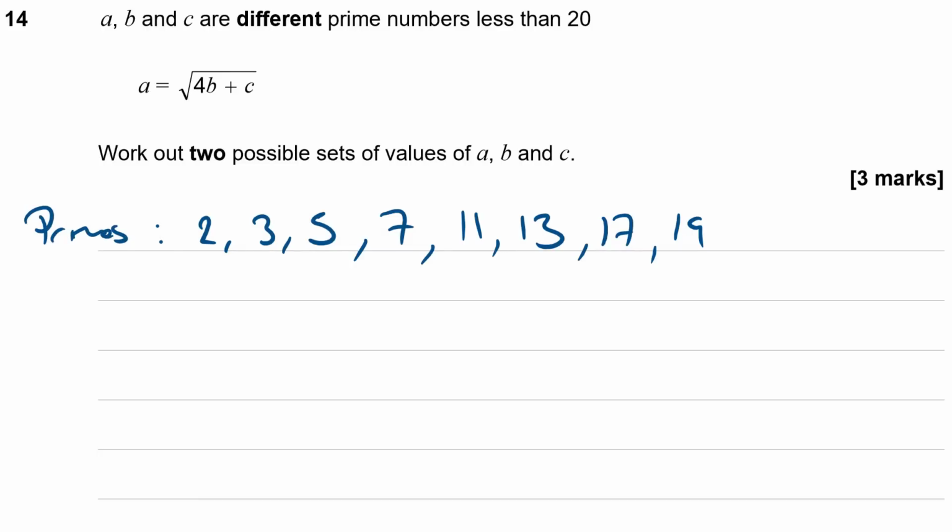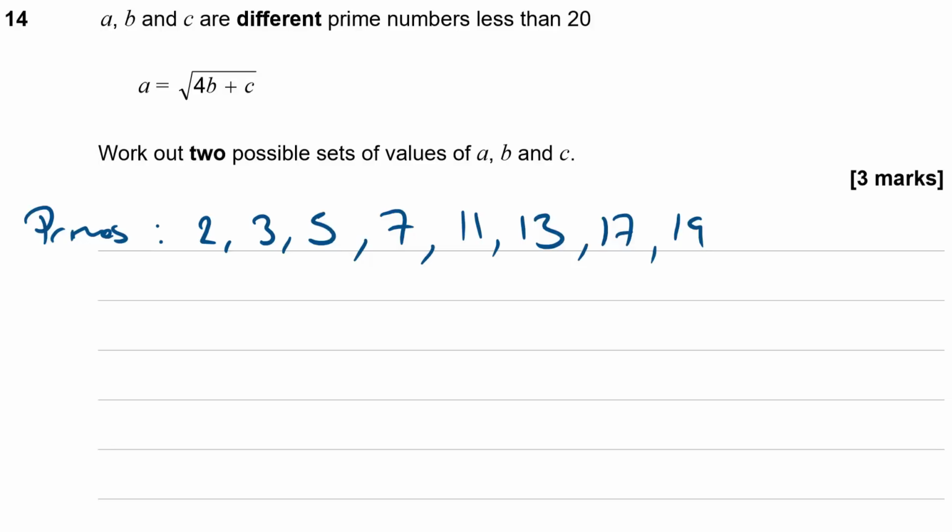Now, I need to pick 3 of these so they fit into that expression: A equals 4B plus C all square rooted. And that's going to have to give me another prime. Now, there are lots of possible combinations of 3 things from 8 things.